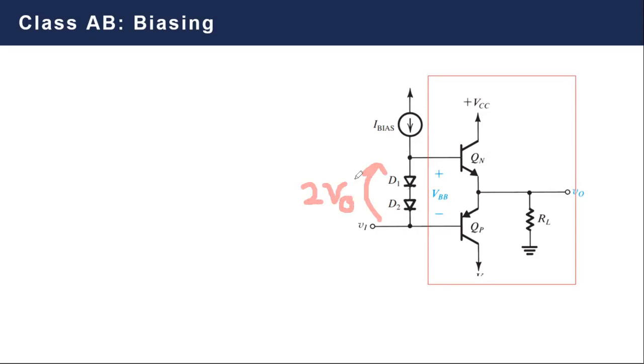So here, you don't have any problem with symmetry. What you did simply is put one base directly to the input, and the other base is shifted by 2 V on with respect to the central or the first base, the QB base.